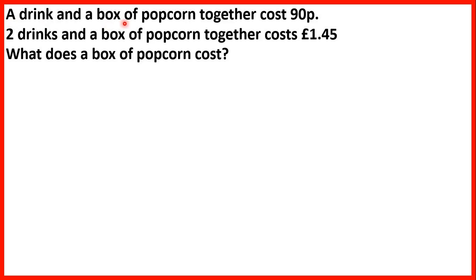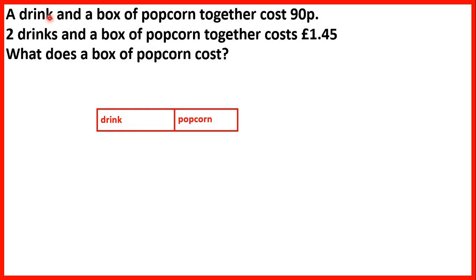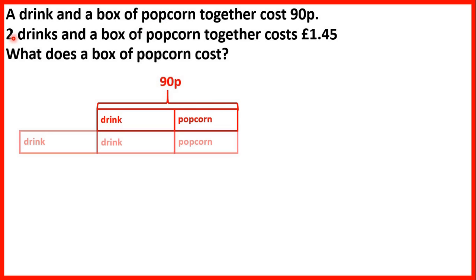A drink and a box of popcorn together cost 90 pence. 2 drinks and a box of popcorn together costs £1.45. What does a box of popcorn cost? So we're told that a drink and a box of popcorn are 90 pence, but 2 drinks and a box of popcorn are £1.45.